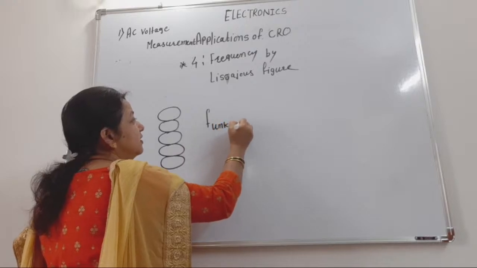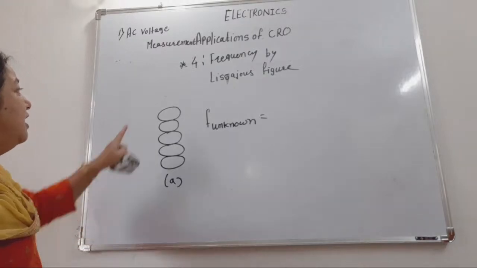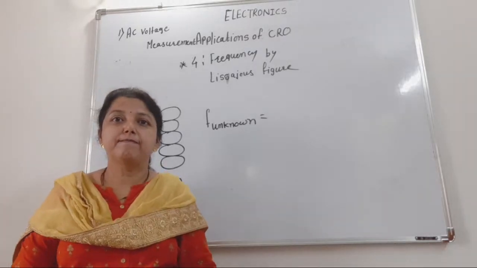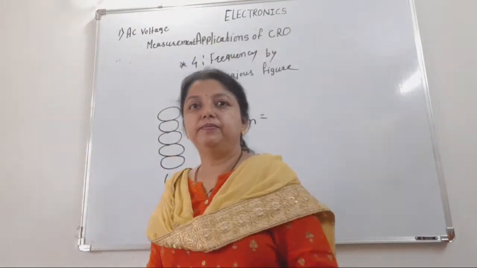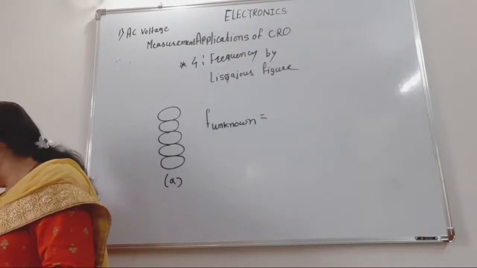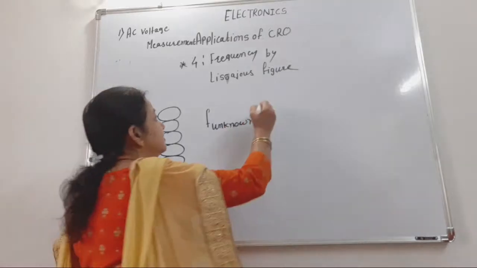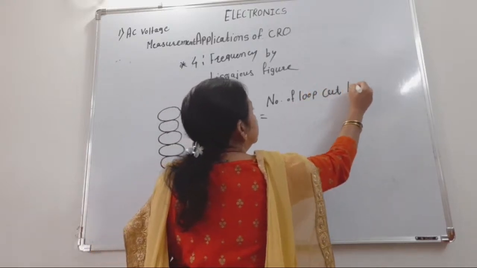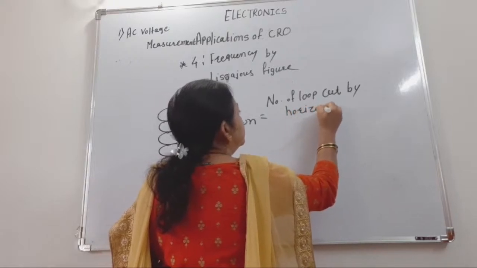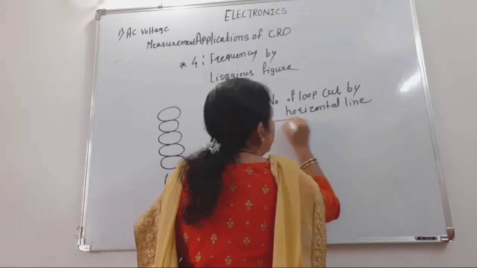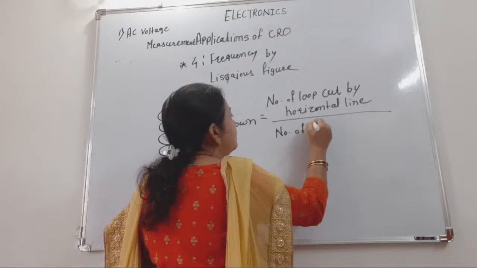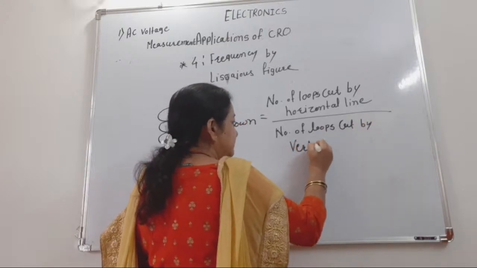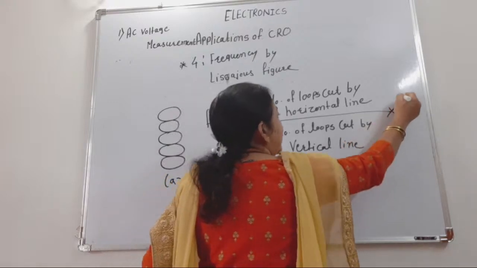Therefore F unknown is equal to the number of loops cut by the horizontal line upon the number of loops cut by the vertical line, and multiply by F standard.